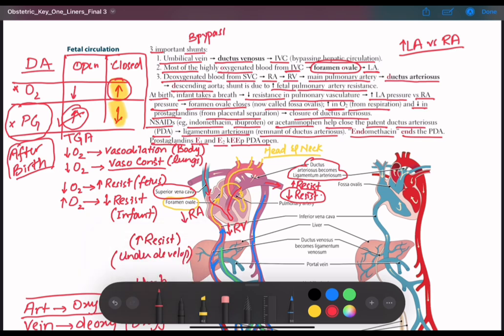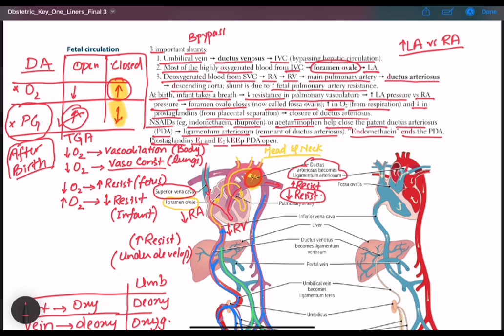This is ligamentum arteriosum, which is ductus arteriosus, which becomes ligamentum arteriosum in adult or mature baby.